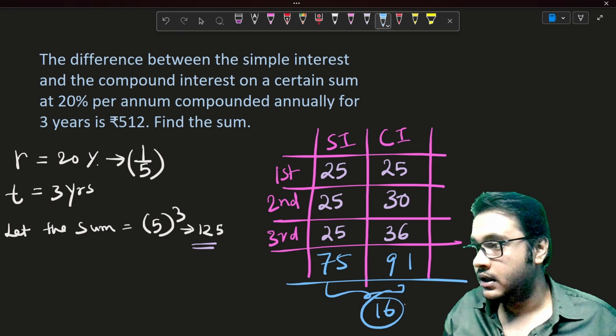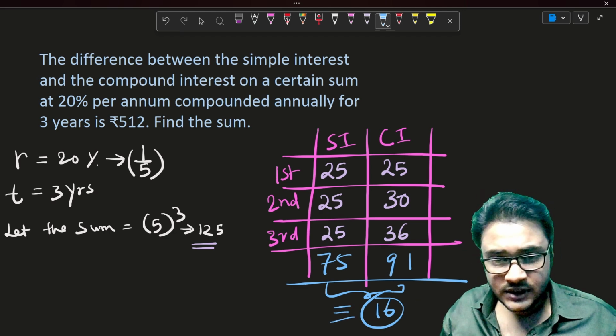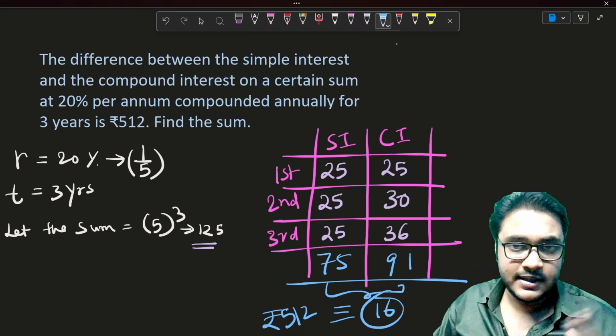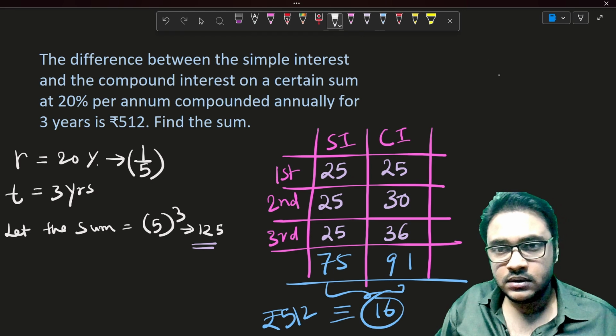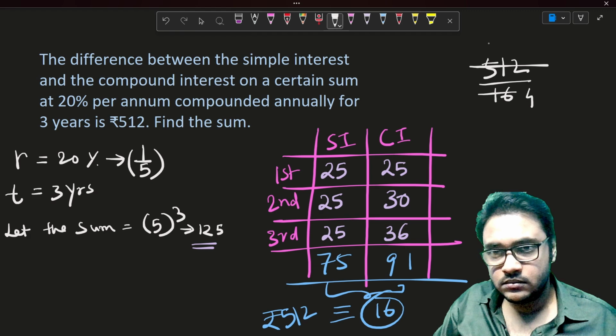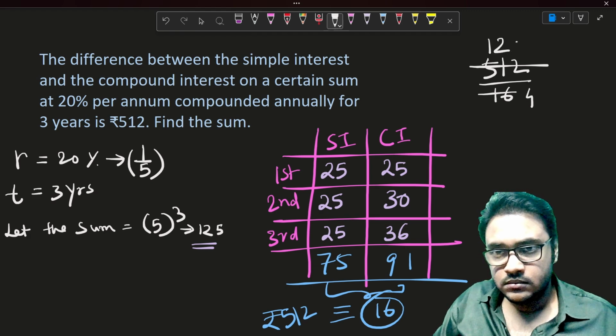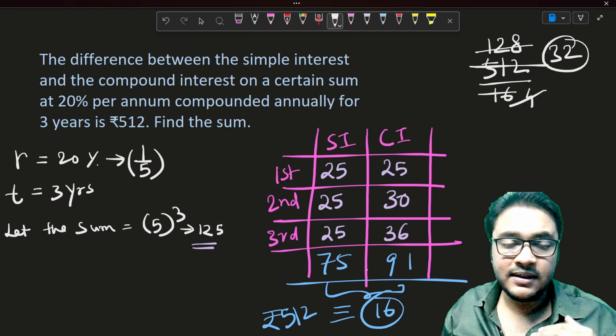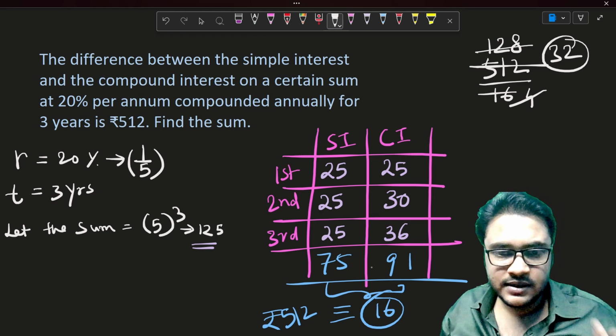However, in the question, we are told that this difference is equivalent to rupees 512. Now let's see if 512 can be divided by 16. So indeed 16 into 32 is 512.